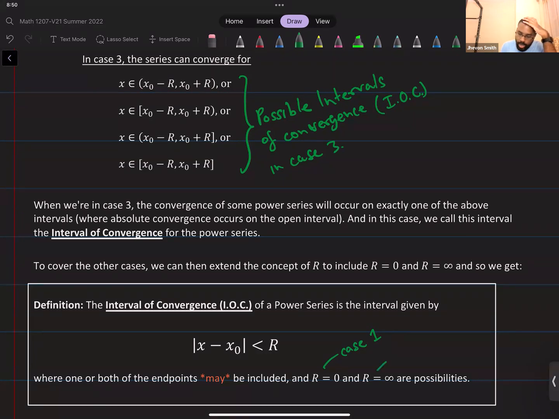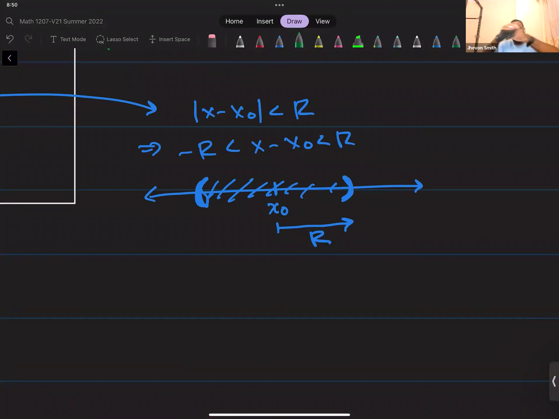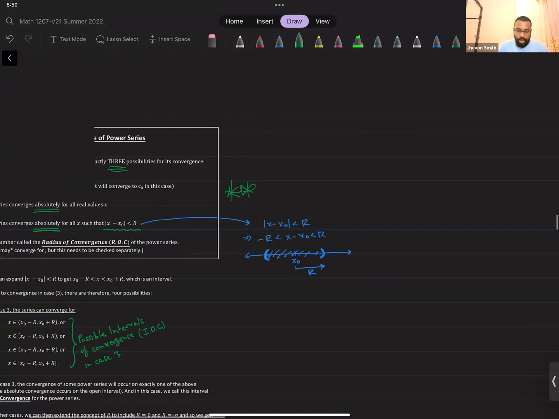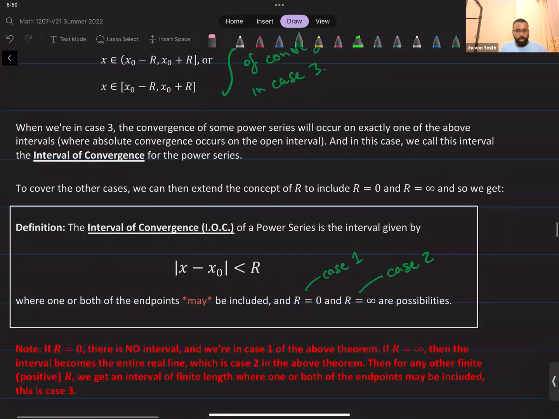R equals infinity is what describes case 2. So this length here can go off to infinity, which means it covers the entire real line. Every real number would be covered. I made some notes here: R equals 0 means there is no interval. Technically, it converges at one point. If R equals infinity, it converges everywhere. And so that's the idea.